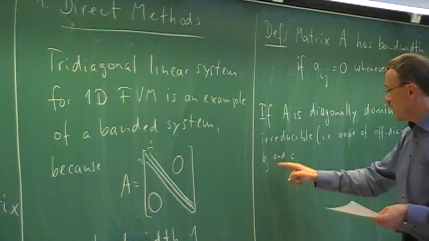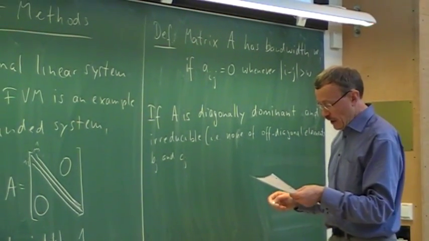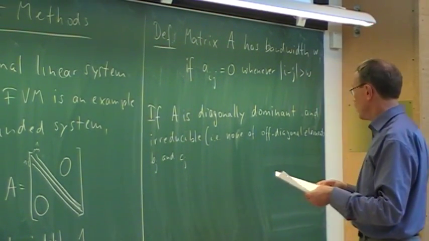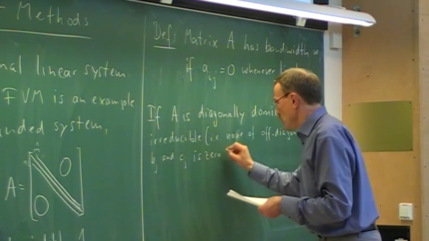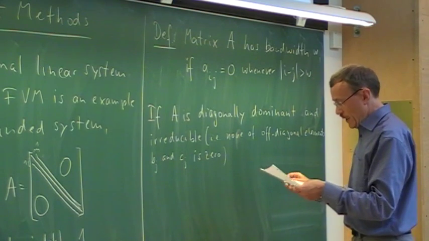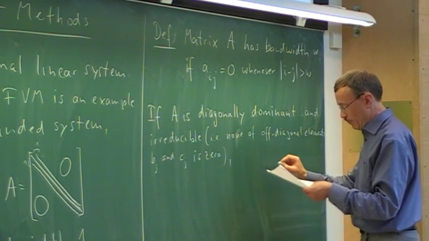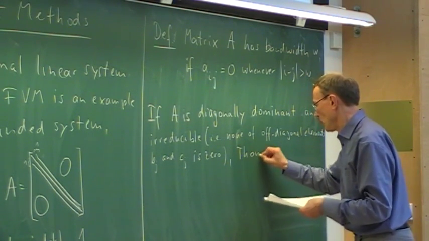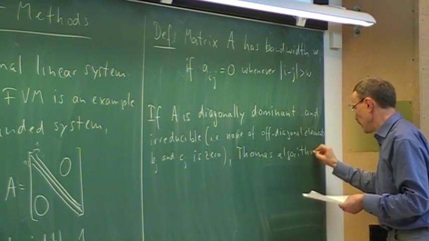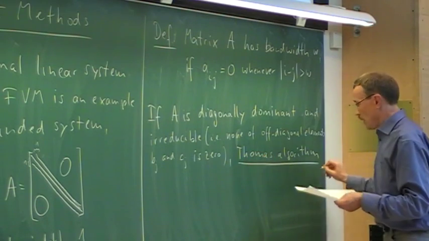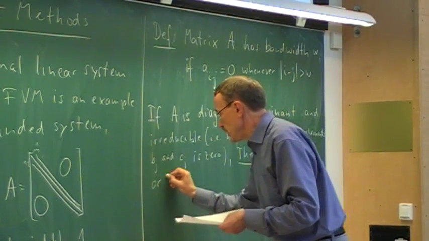They are indicating the off-diagonals, and none of these is 0. So in that case, we can use the Thomas algorithm, or TDMA.